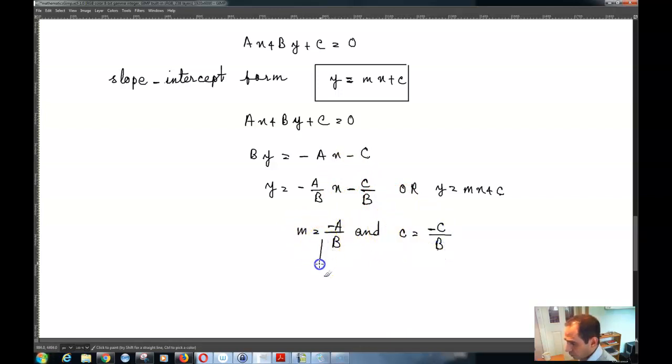So this m over here is the slope of the line, and this c over here is the y-intercept of the line.